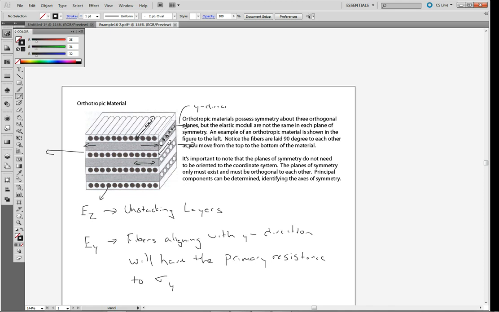When you have different fibers being loaded preferentially with the direction, it's actually really easy to develop these orthotropic material properties. So they're actually not that uncommon. Orthotropic is very, very common, especially in engineering materials. And the classic example of this is carbon reinforced materials, where you can create material properties for certain axes.